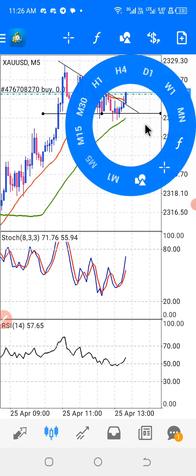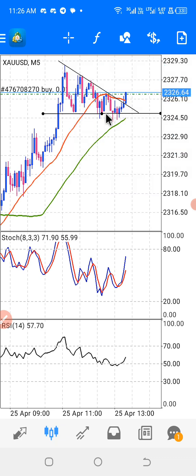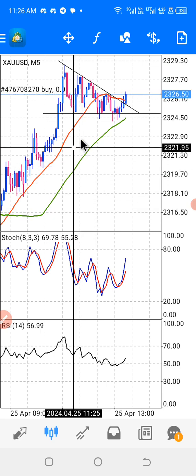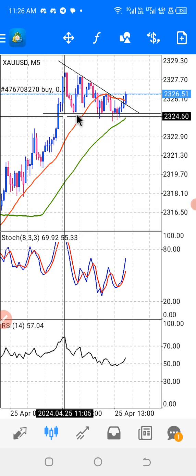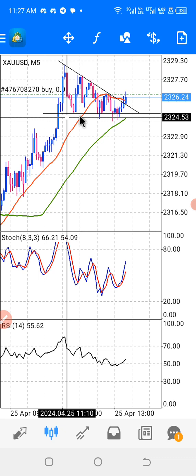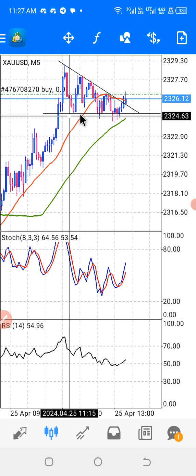So what is that level? I want to place my stop loss here.